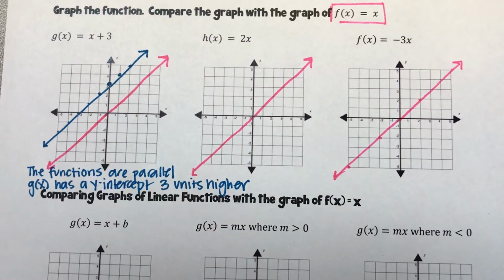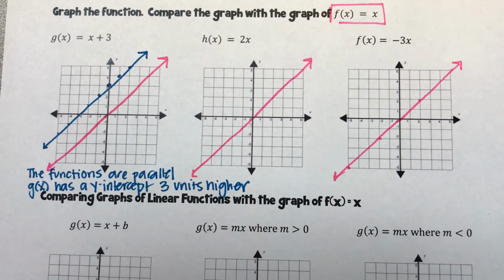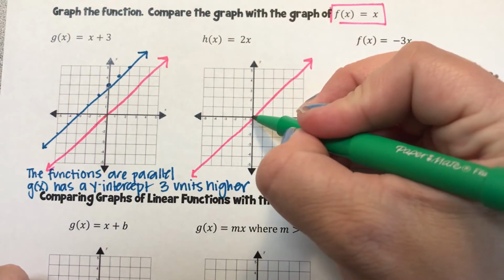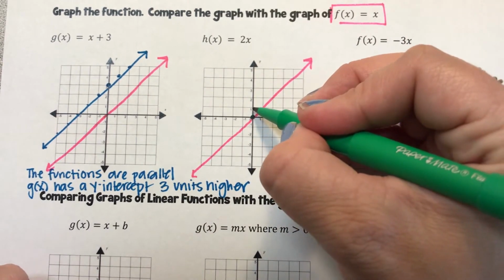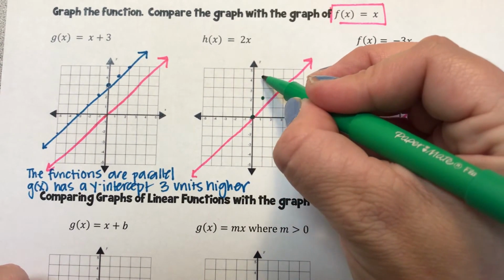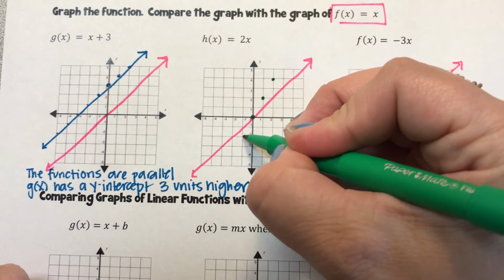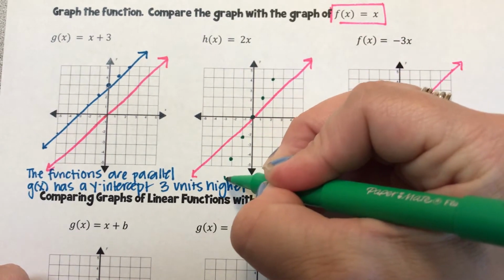Okay, let's look at the next one. It says h of x equals 2x. So the y-intercept is 0. The slope is rise 2, run 1. Rise 2, run 1. Down to -1, like this.